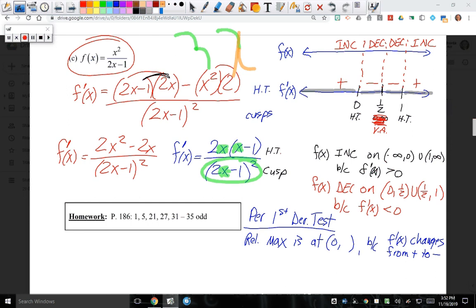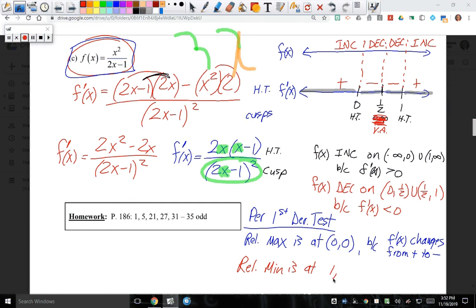Hey guys, if I plug in 0 into my original function, what do I get? 0. Remember, you have to plug it into your original function in order to see what that y value is on f. Okay, here we go. The relative min is at what, guys? 1/2, well, not 1/2.